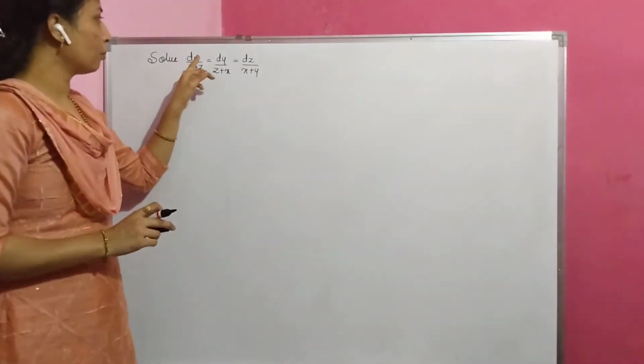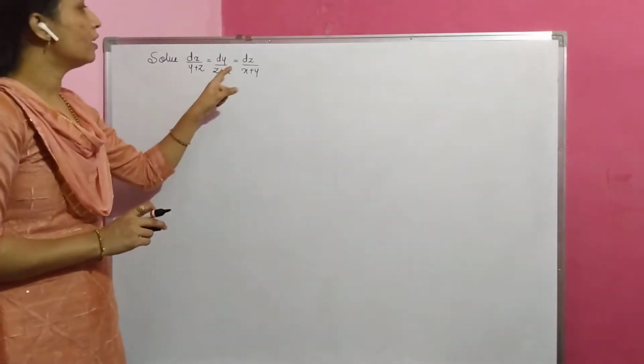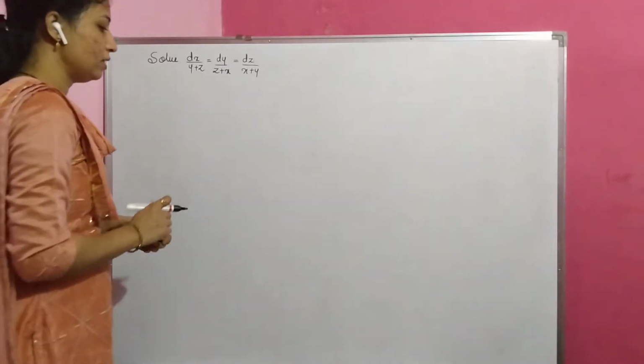That example is nothing but dx divided by y plus z is equal to dy divided by z plus x is equal to dz divided by x plus y.